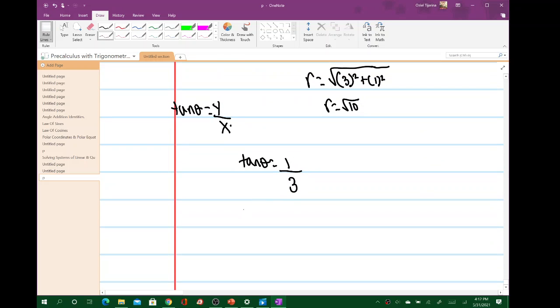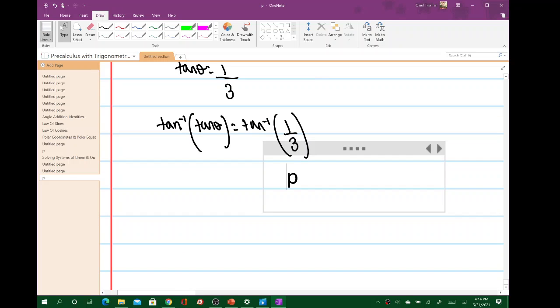So theta equals tan inverse of 1/3. If we do it to the nearest degree, it's going to be 18 degrees.